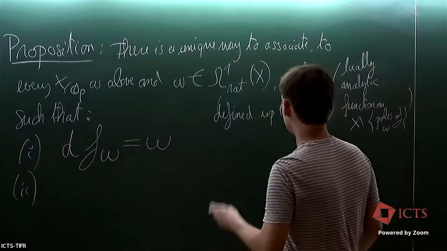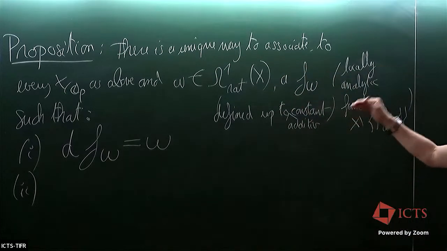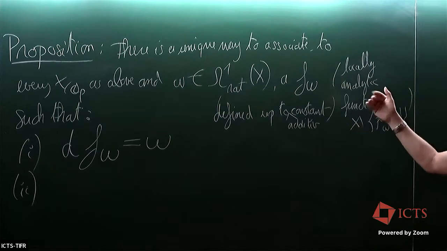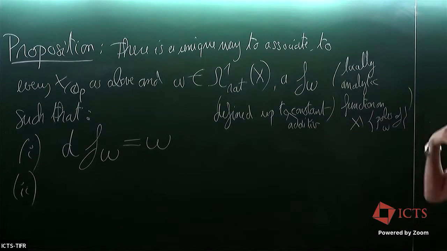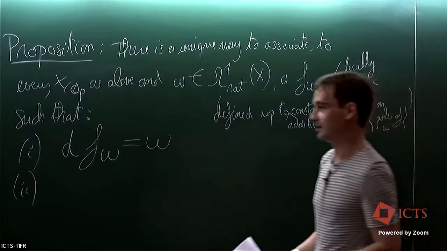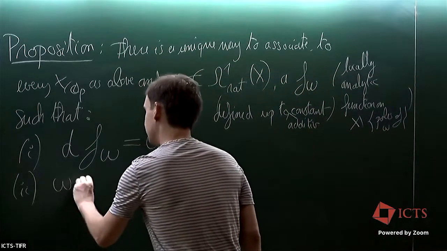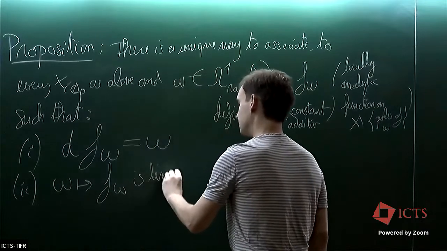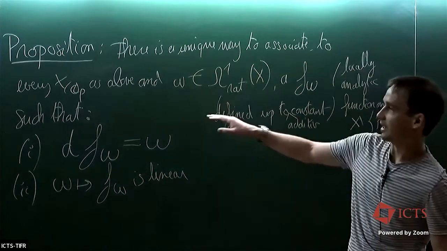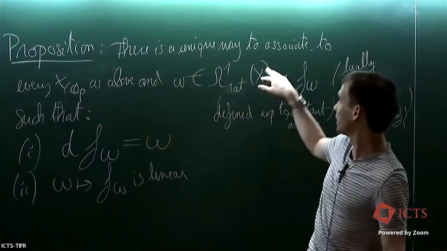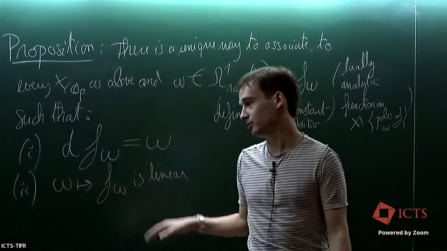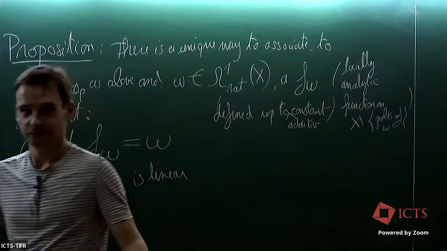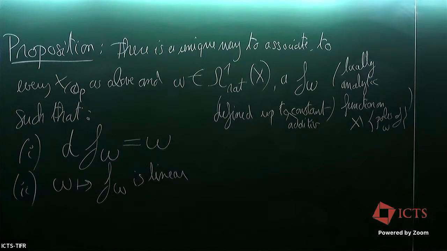If you think about it, you go inside the space of locally analytic functions on open sets modulo constants, to make sense of the expression. So omega goes to f omega is linear, of course, when you have fixed x here. You take 2 omegas, the sum gives you the sum. Just to have some consistency.